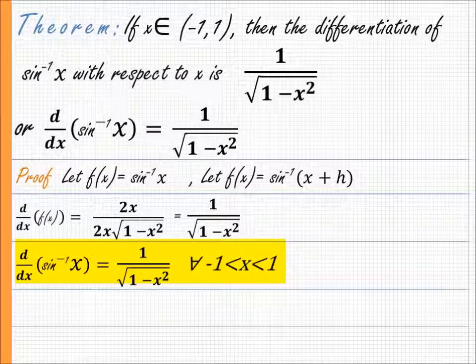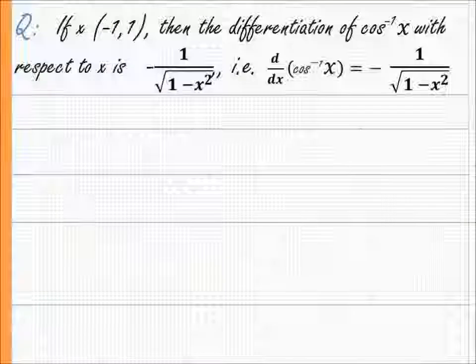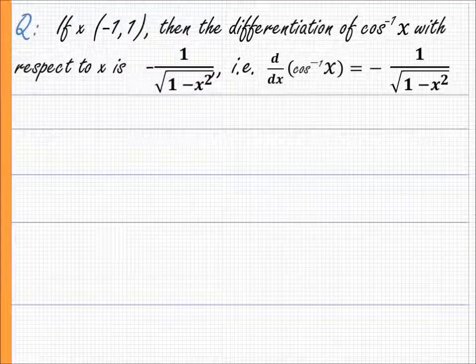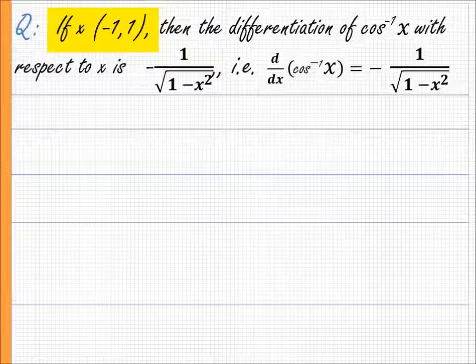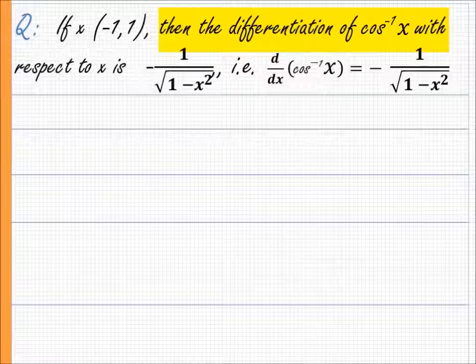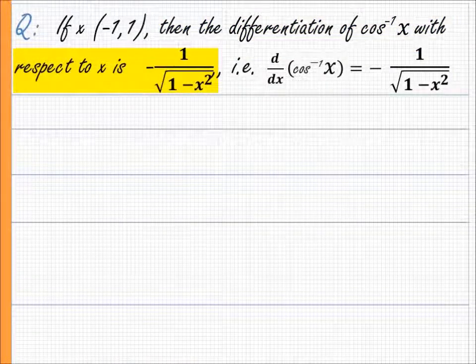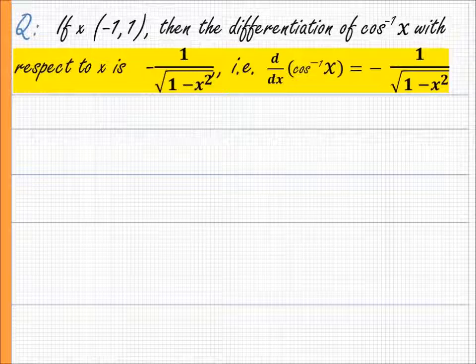And now, in the continuation of finding the differential coefficient of inverse trigonometric functions, in this episode we shall prove one more important theorem: if x belongs to the interval minus 1 to 1, then the differential coefficient of cos inverse x with respect to x is equal to minus 1 upon square root of 1 minus x square.